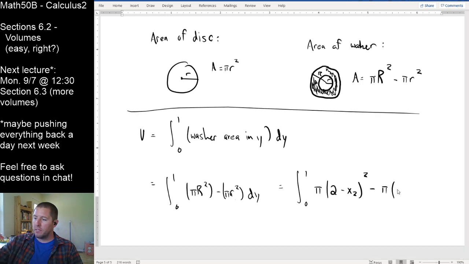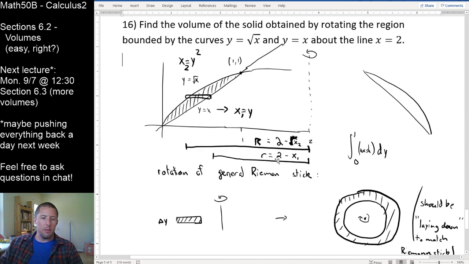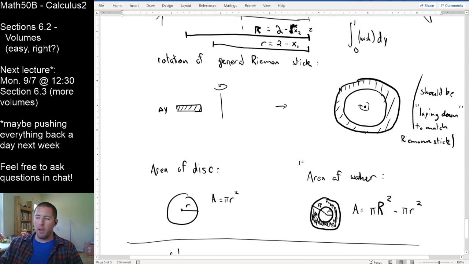So remember, we're measuring x values, so I'm trying to just use x stuff here. The good news is that we know exactly how to express x1 and x2 in terms of y. And so I've got these values available to me now.